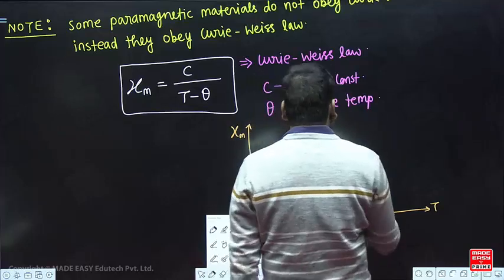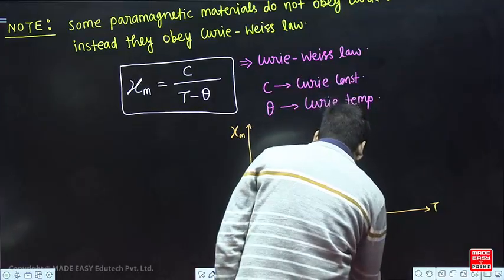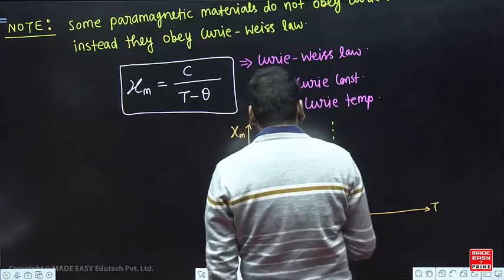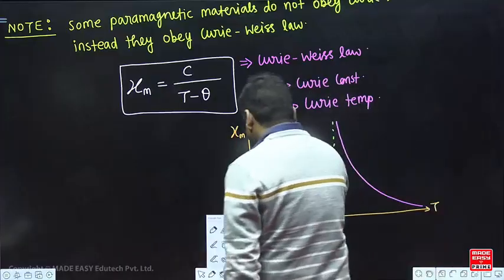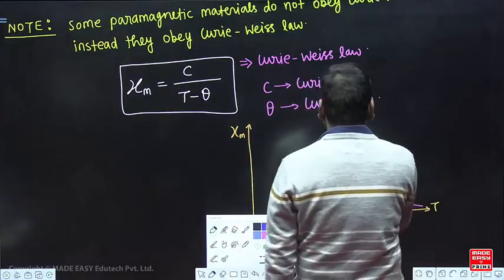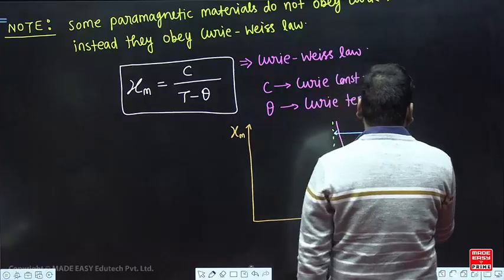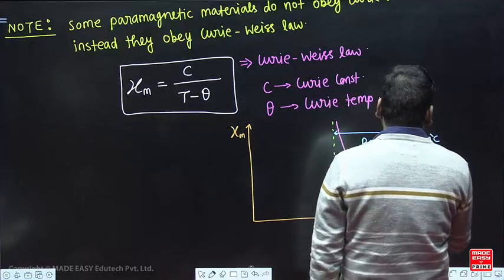This is your theta. So above theta the material will follow this law, and in this range it is known as a paramagnetic material.